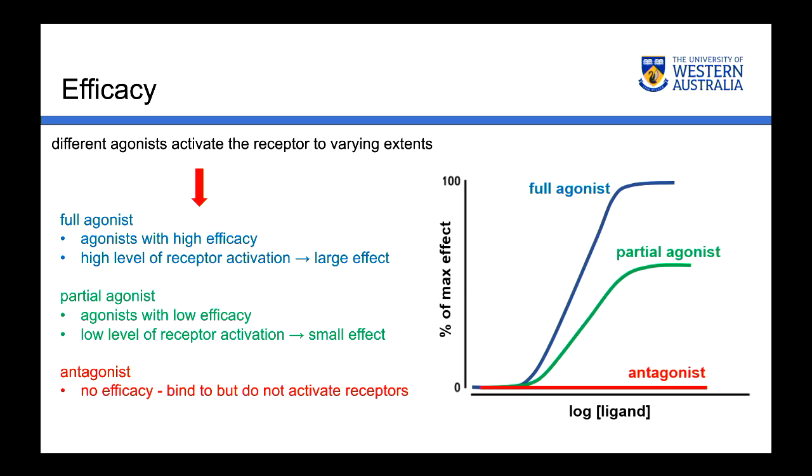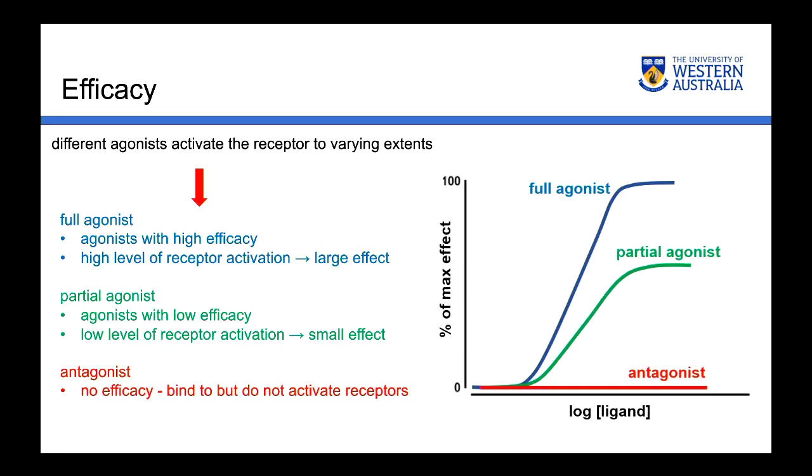We're now going back to these three things. A full agonist produces maximum effects because it's able to initiate a high level of receptor activation. A partial agonist can still activate the receptor, but it is only able to trigger a low level of receptor activation. So you can still see some effect, but the effect is smaller, and it will never reach the maximum effect that would be induced by a full agonist.